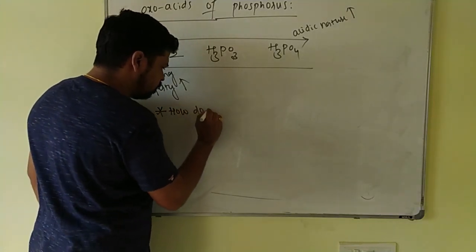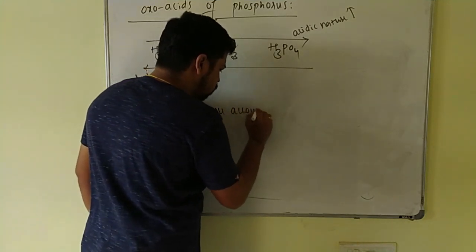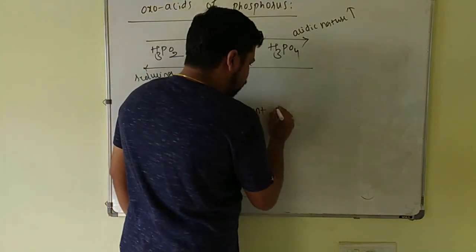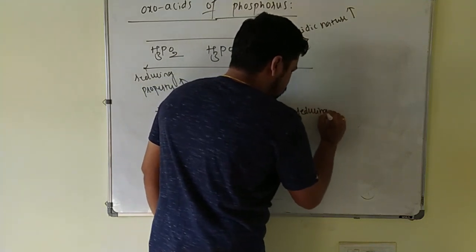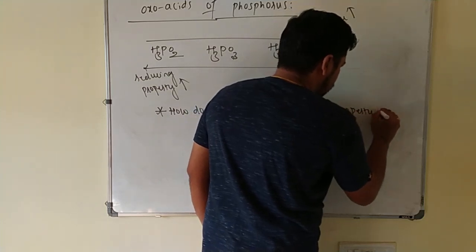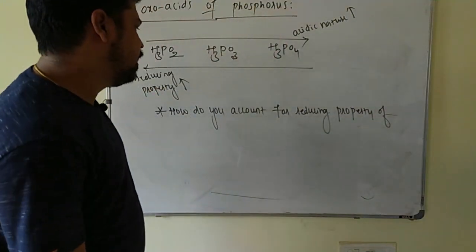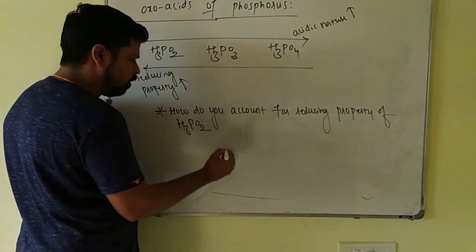How do you account for the reducing property of H3PO2?